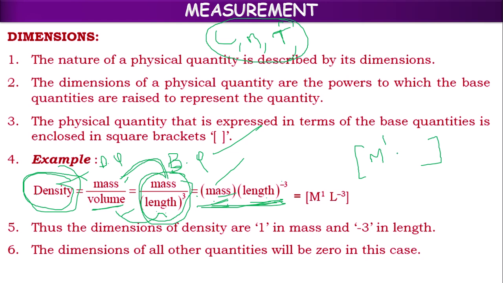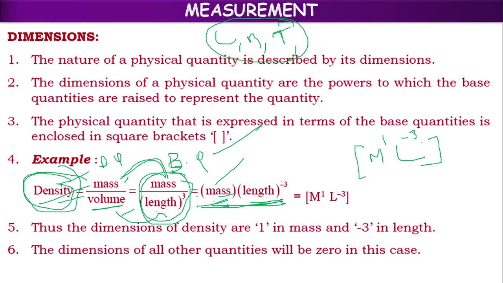The symbol for length is L. It is appearing 3 times in the denominator, so we have to write -3. So this density can be written as M1 L-3.